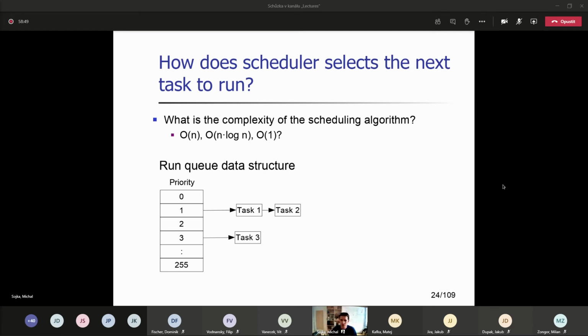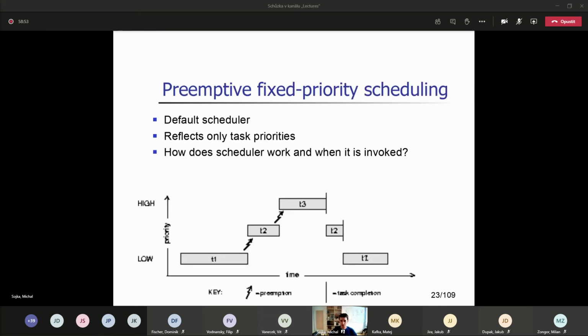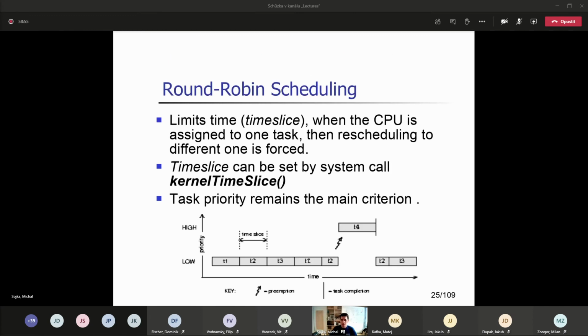Okay, and remember, this was about fixed priority scheduling. Now, VxWorks offers the second type of scheduling, which is round-robin scheduling, and you probably are already familiar with that because it was the task from last week. Round-robin scheduling works like fixed priority scheduling.